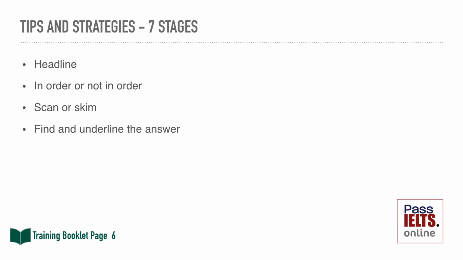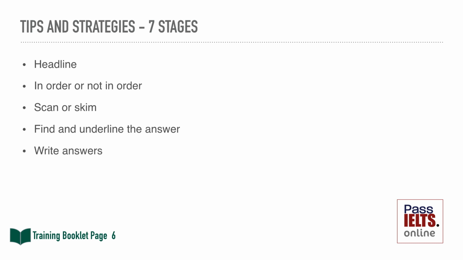Then you can start to find the answers. In the case of it being in order, you would start with question 1, and once you've found it, you should always underline the answer. We will always underline it so it's easier to check later. We'll take a closer look at all of these points in a minute.